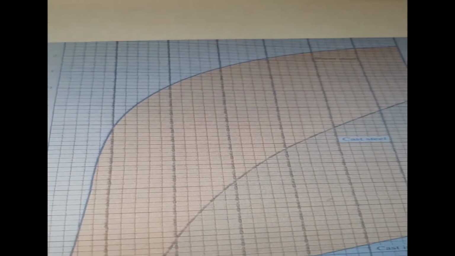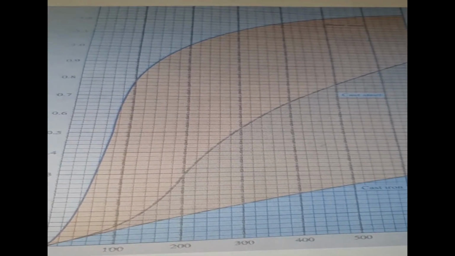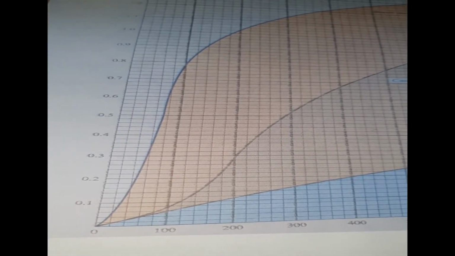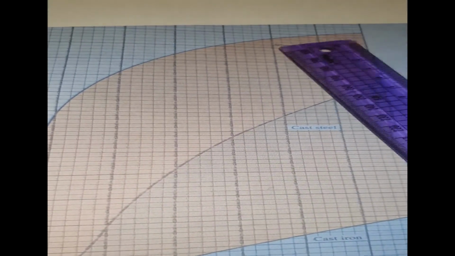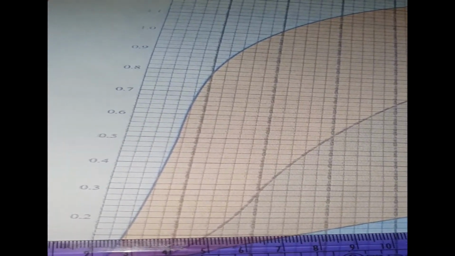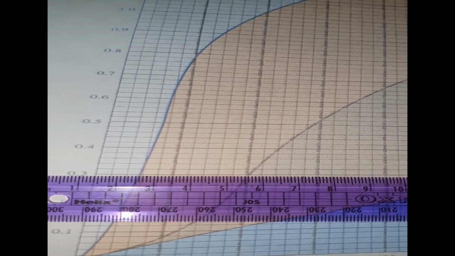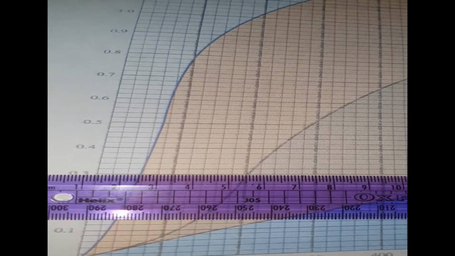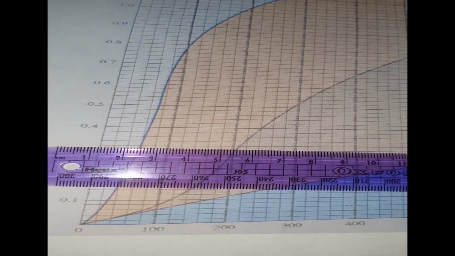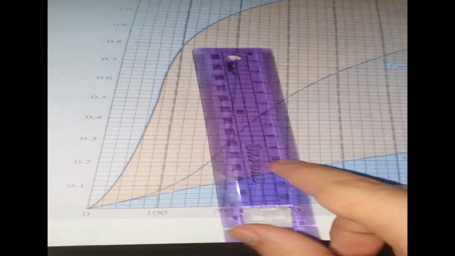There you go, so you can see it clearly. Okay, 0.33, and it was this line here. It's about around here, maybe. No, I think it's around here, 0.33.